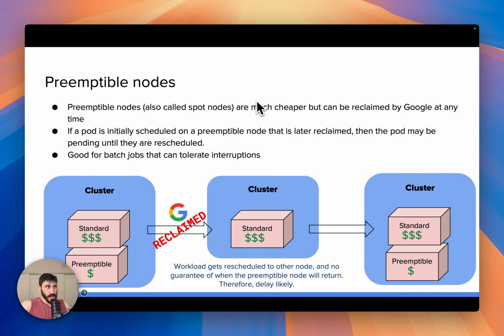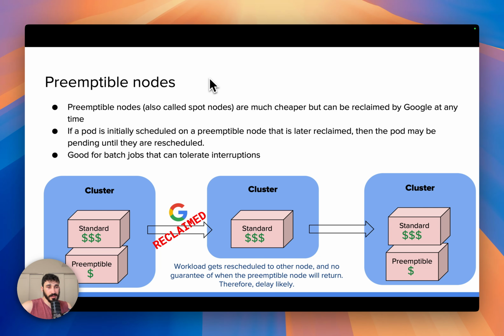So I talked about preemptible nodes a second ago, but just to make sure that you understand this, preemptible nodes are also called spot nodes. They are much cheaper than regular nodes, but they can be reclaimed by Google at any time. So this is the trade-off. If a pod is initially scheduled on a preemptible node that is later reclaimed, then the pod may be pending until it is rescheduled.